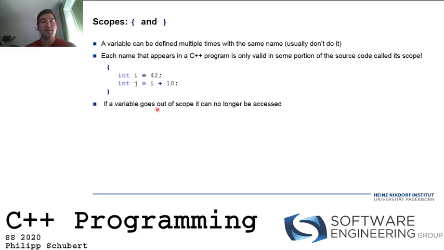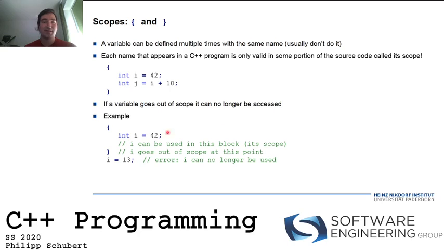And if a variable goes out of scope, so to say, it can no longer be accessed. Here's an example. Let's open a scope. Let's have a variable I and some initial value. And within this scope, where we introduce that variable, we can use the variable I for some computations. It's perfectly fine.